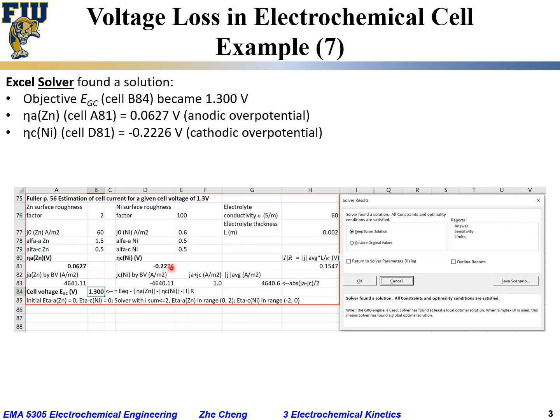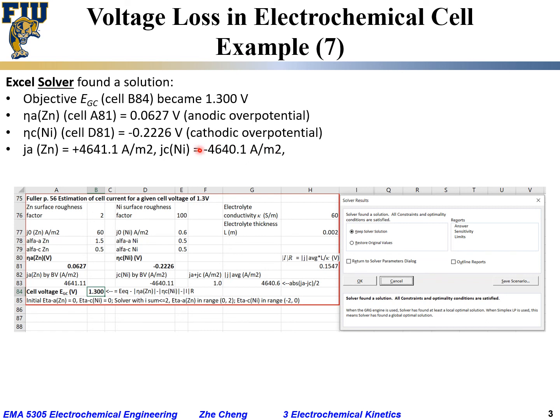Okay, and under this condition, the anodic current on the zinc electrode, you see, would be positive 4641.1 amp per meter square anodic current density, and at this cathodic bias on the nickel electrode, the cathodic current would be minus 4640.1 amp per meter square.